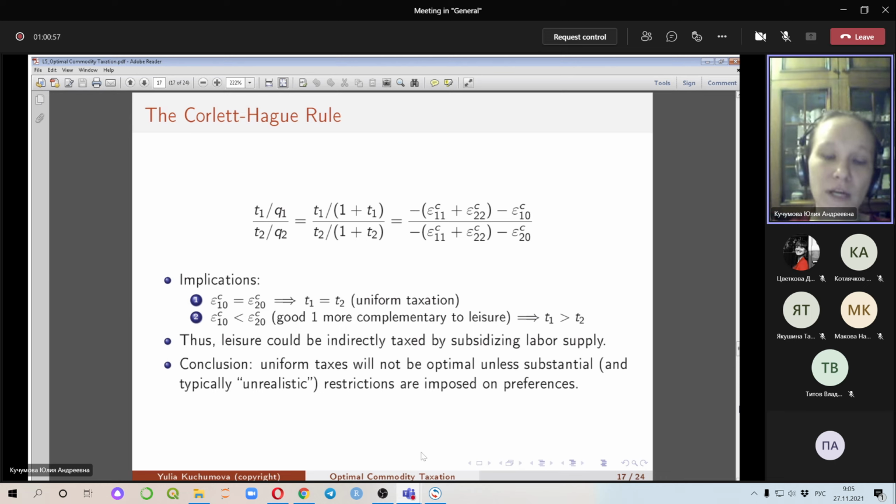So we cannot tax all the goods, including leisure, and therefore to compensate for that, we want to tax leisure indirectly by taxing more those goods that are complementary with leisure.